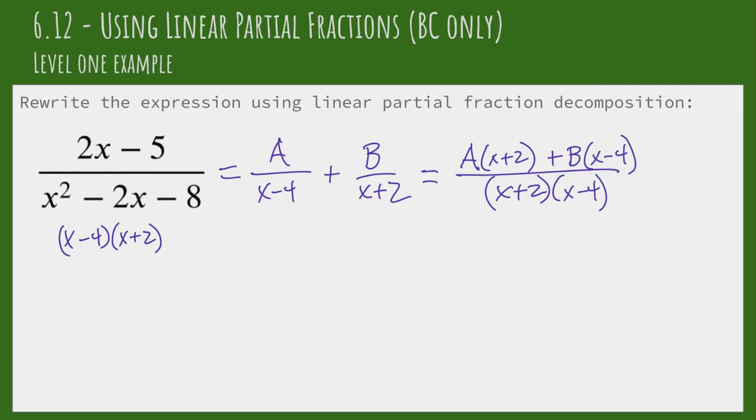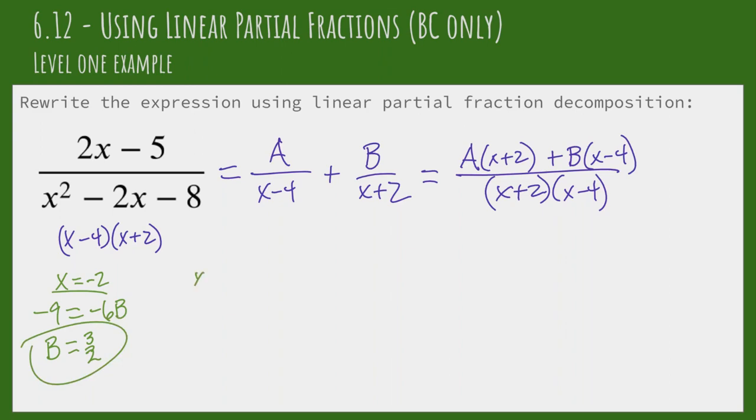So in order to solve for a and b, I'm going to choose x equals negative 2. So we're going to get negative 9. That's this expression evaluated at x equals negative 2 equals 0 times a plus b times negative 6. So b is going to equal negative 9 over negative 6, which is 3/2.